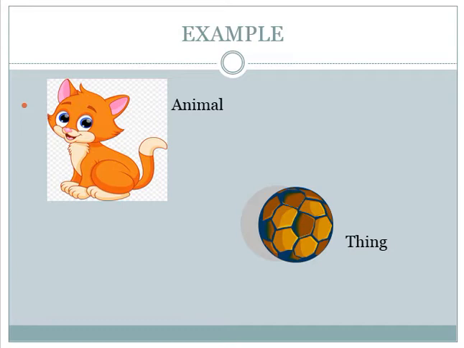Cat is the naming word for an animal and ball is the naming word for things. Things means all the non-living things. The pictures used in these slides are taken from the internet.